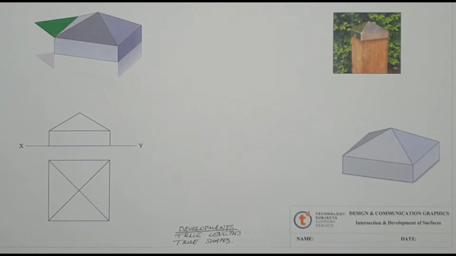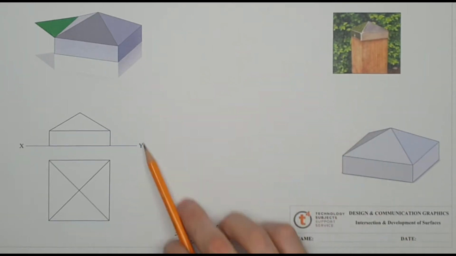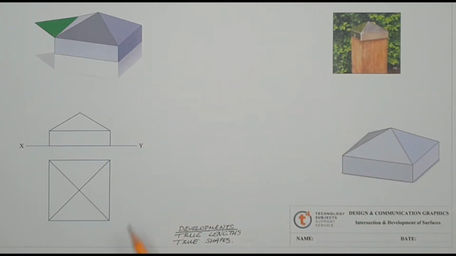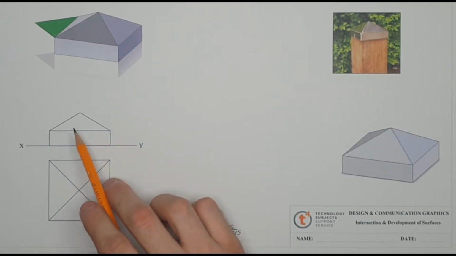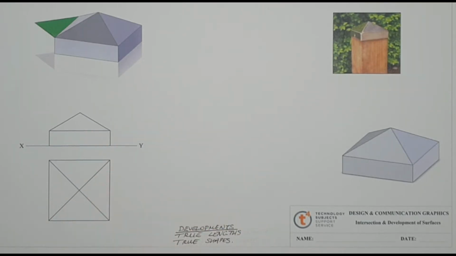So let's just get started on this one. I'm going to be keeping in mind my true lengths and true shapes here. There's really two ways of solving a question like this, and I'm just going to go through the most efficient way first of all. The free space right here is just enough space for me to draw this surface development of the object shown in the elevation and here shown in the plan.